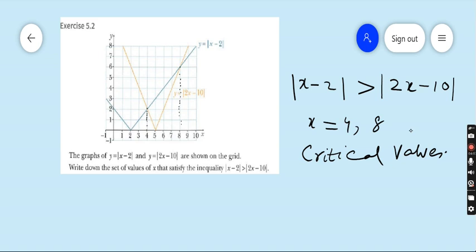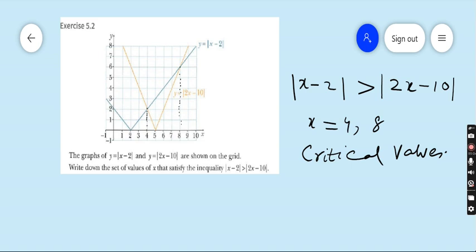Now look carefully. You need to write the set of values where modulus x minus 2 is greater than modulus 2x minus 10. So find the part of the graph which is above the graph of 2x minus 10.